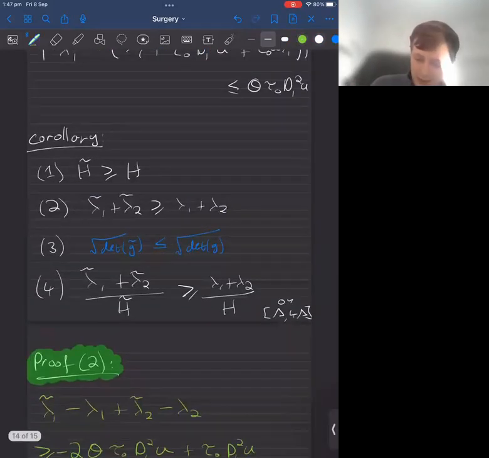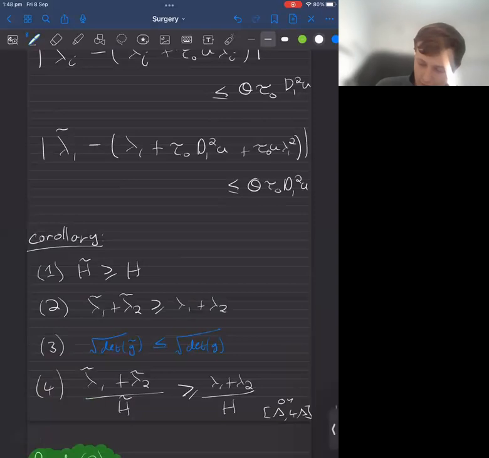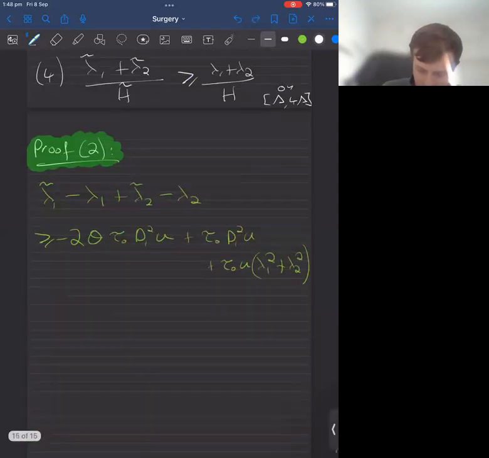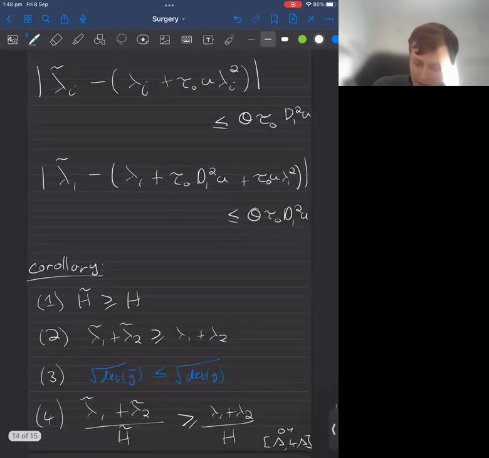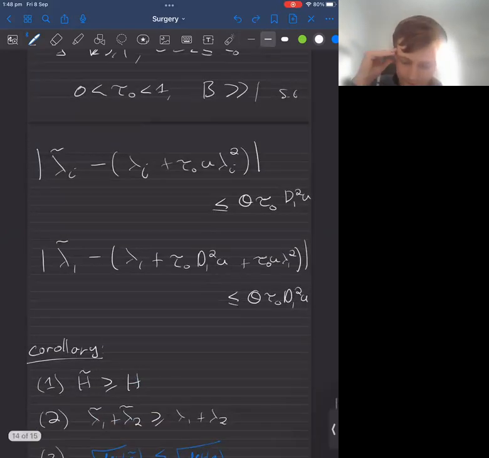And now you can see why it was really important to have the theta over here, because I can make this larger than or equal to, well, let's say this, as long as theta is less than a half. So I definitely need to make theta small enough to make this work. Okay. So that's just hopefully highlighting why this is so important.